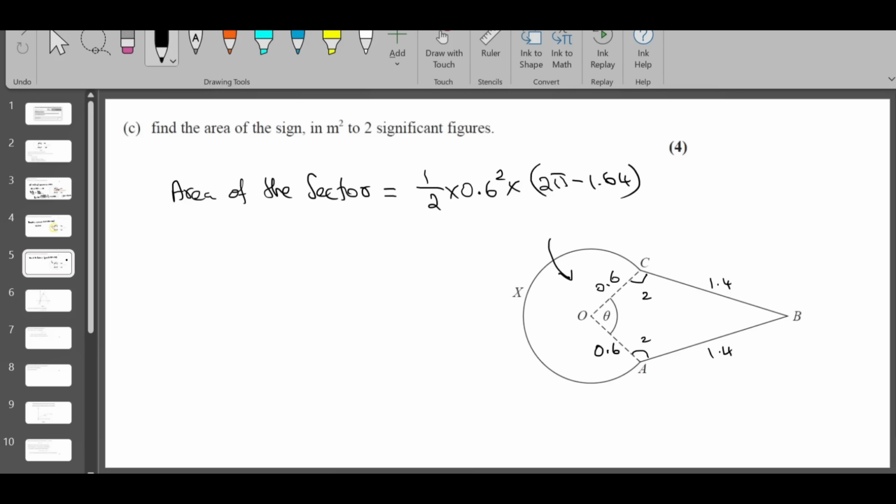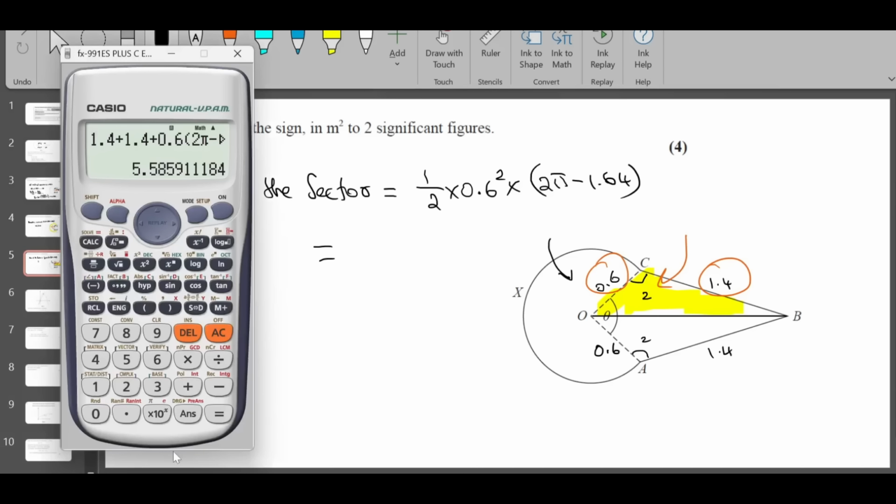And then the area of the kite, we can find the area of this one triangle and multiply by 2. You know two adjacent sides and one included angle, so you can use half AB sine theta, right? First, let me find the area of the sector. Half times r squared times theta, which is 2 pi minus 1.64.